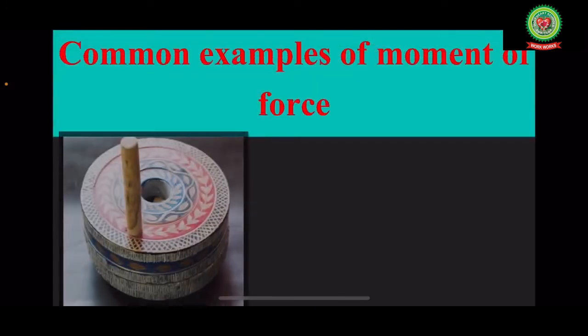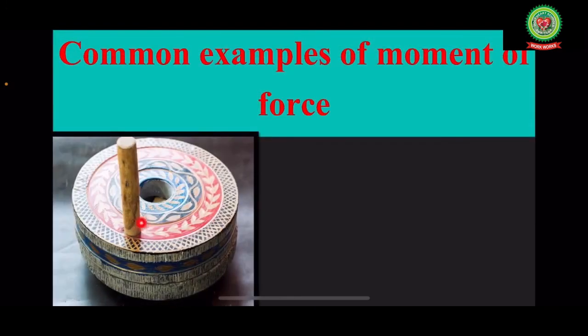Some more examples are: the handle of a hand flour grinder is provided near its rim. The reason is same. By doing so, we are increasing the perpendicular distance of line of action of force from axis of rotation so that less effort is required to turn the hand flour grinder.